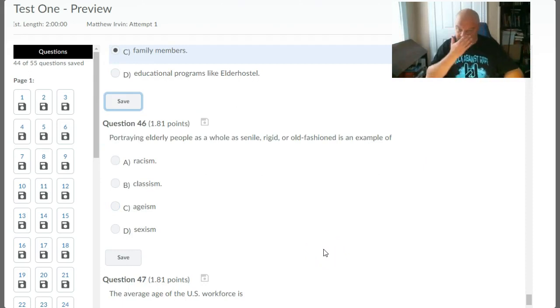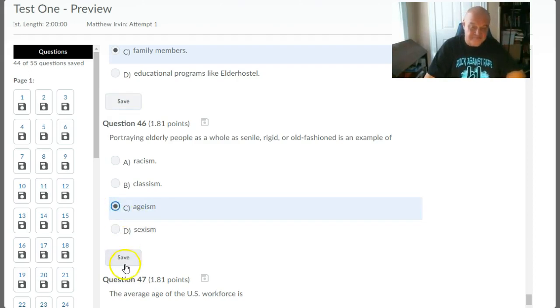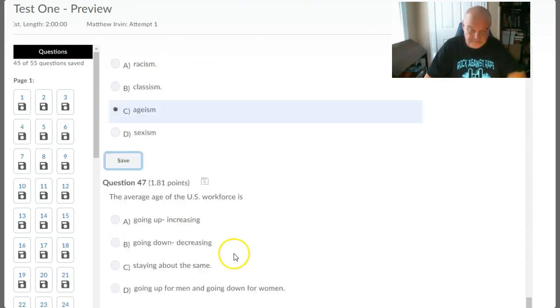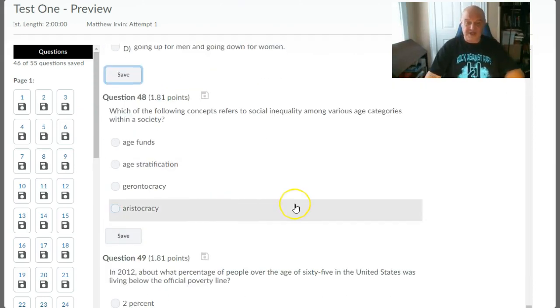Question 46, portraying elderly people as a whole as senile, rigid, or old-fashioned is an example of ageism. Question 47, the average age of the U.S. workforce is increasing. Question 48, which of the following concepts refers to sexual inequality among various age categories?